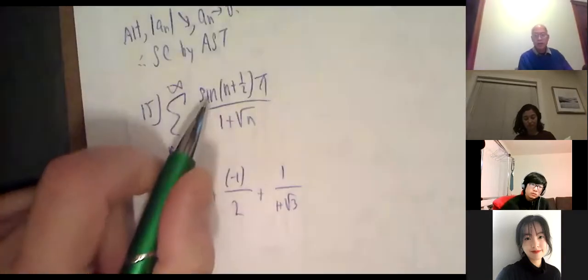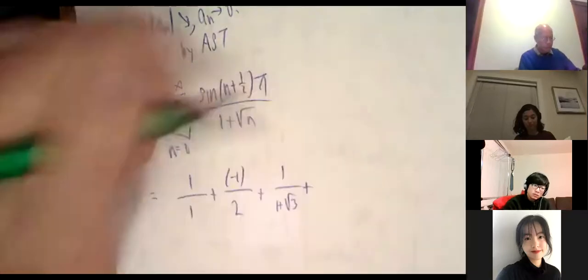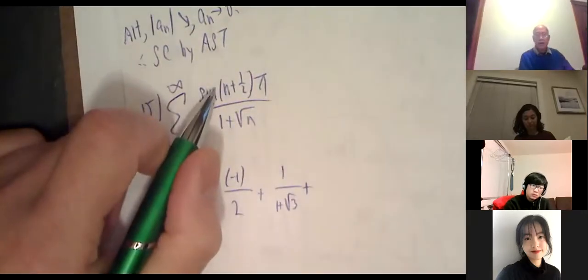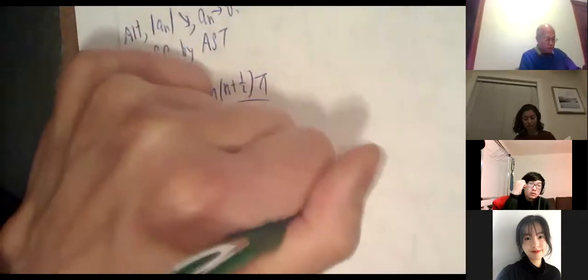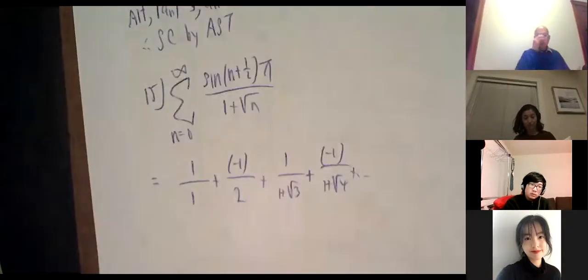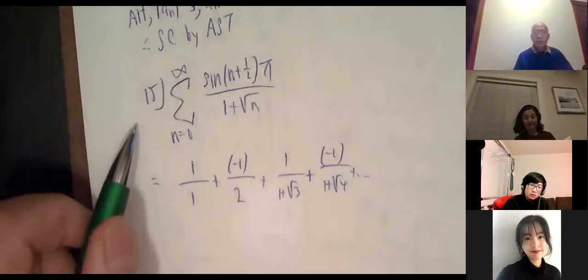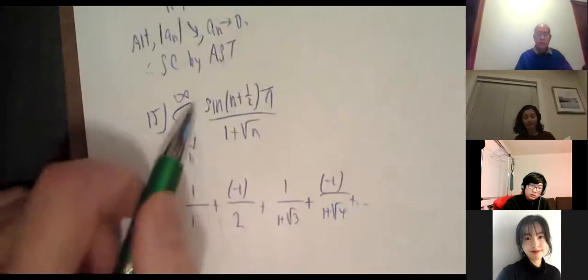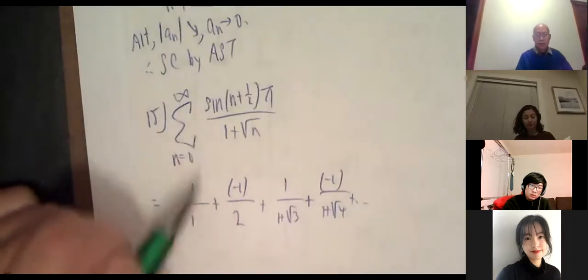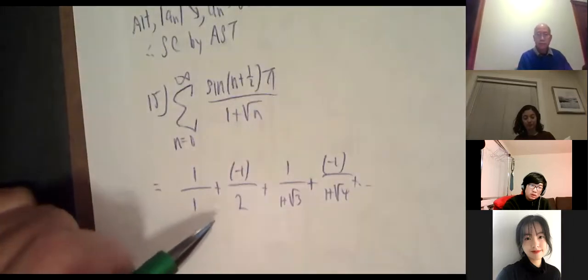So here's a sneaky way of getting it alternating. Plug in 4, 4.5 pi, 9 pi over 2, negative 1 over 1 plus radical 4. Okay, so there are ways to get alternating besides the negative 1 business. This is a sneaky way of doing it. So yes, it is alternating.